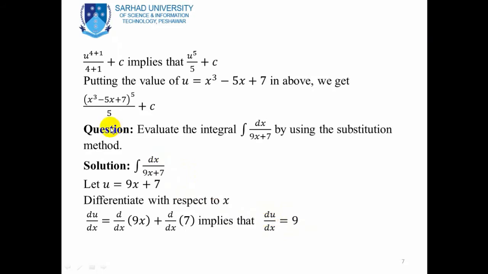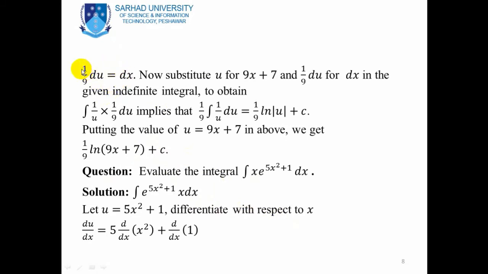Because in the given problem, we now have just one remaining term, which is dx. 9x plus 7 is equal to u, but the remaining term is dx, so dx is also converted in terms of u. So this dx is equal to 1 over 9 du.